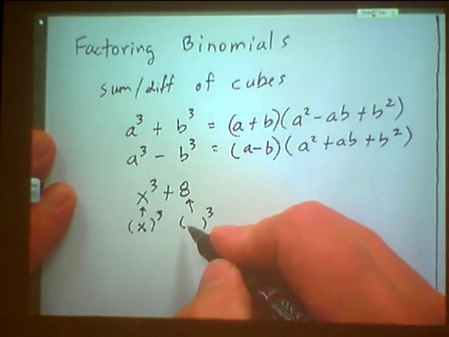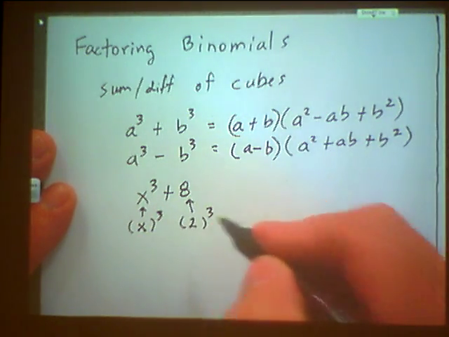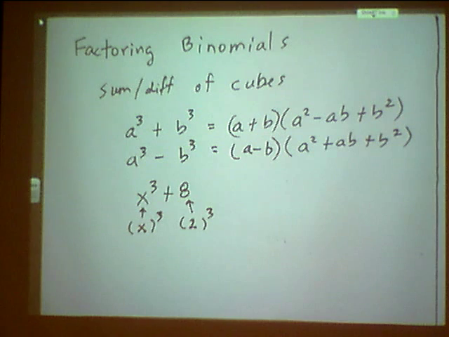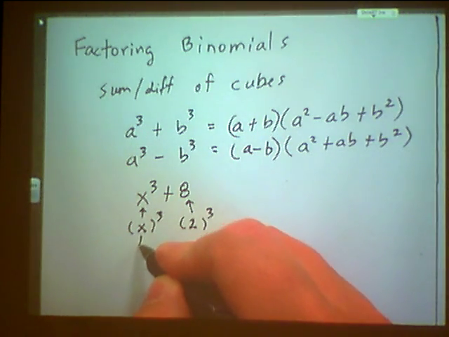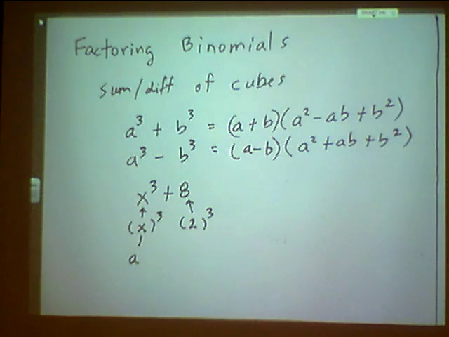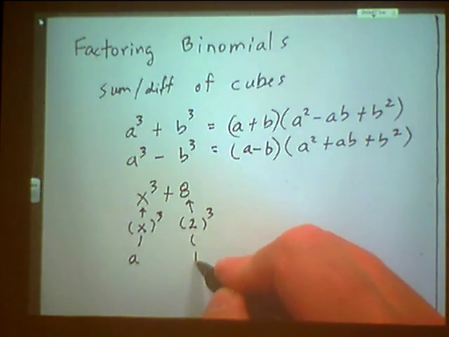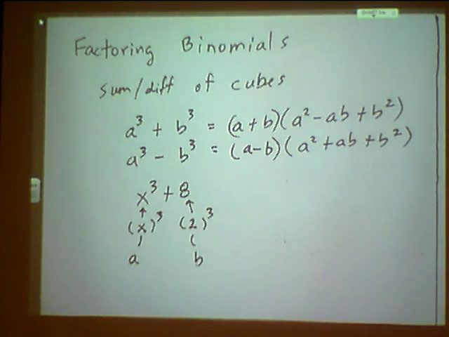In this case, yes, I can, because 2 cubed equals 8. These are the only two things you have to check to see if it's a sum of cubes. And the nice thing is, when you check them, then you automatically determine your A and your B, because now the x is going to be my a, and the 2 is going to be my b.